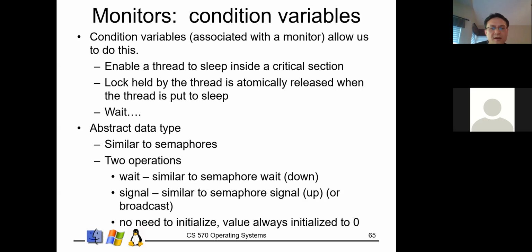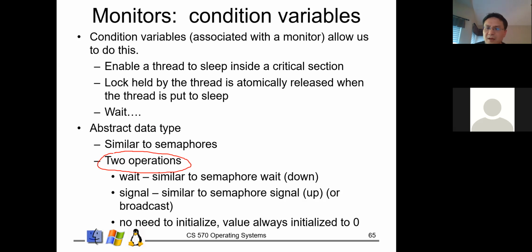The condition variable also has two operations, similar to semaphores. One is wait, the other is signal. So it's the same sort of operations.